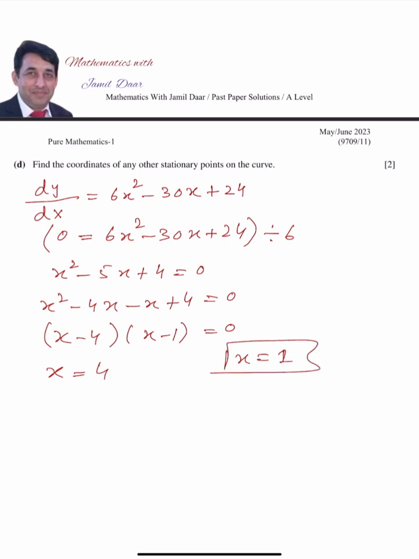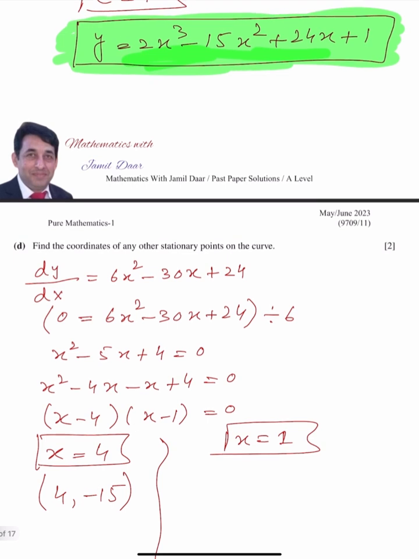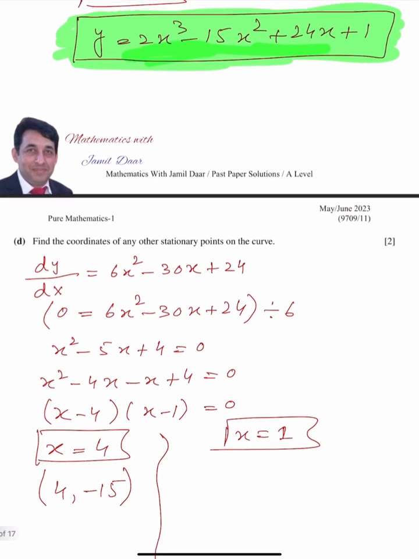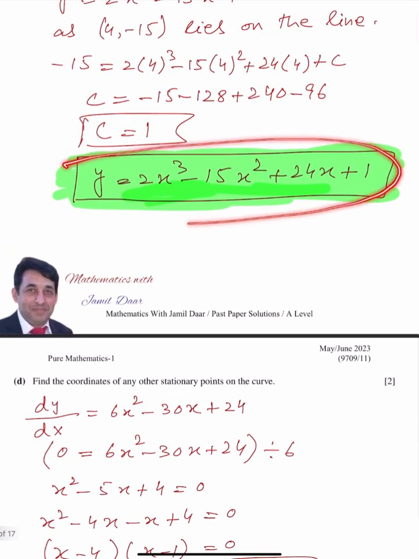So for x is equal to 4, you have already the answer, that is (4, -15). You are given this point. So for x is equal to 1, you will find out the corresponding value of y. So we'll write down y, which we found above. We have found the equation of the curve above.